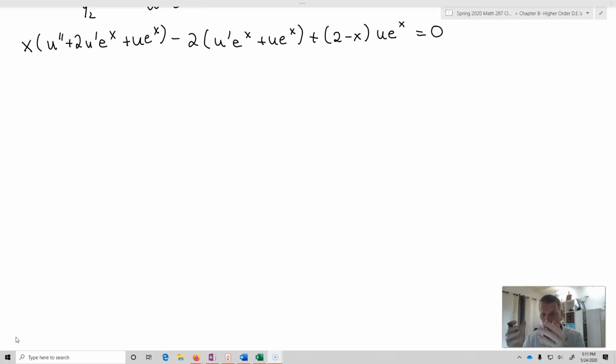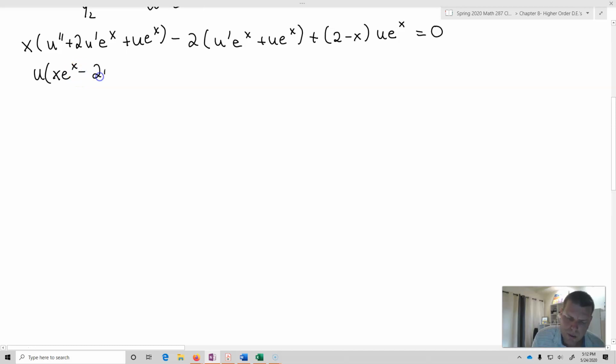Along the way, we're going to have a function that's only in terms of u double prime and u prime. So first I'm going to group together all the u's. This is u times x e to the x, minus 2 e to the x, that's the second term, plus 2 minus x e to the x.